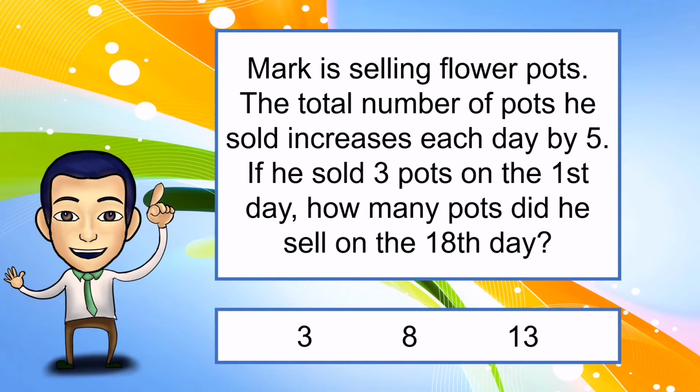Do you know what the common difference is? Very good, it's 5 because of this line: increases each day by 5. And if we subtract, 8 minus 3 is equal to 5, and 13 minus 8 is equal to 5.